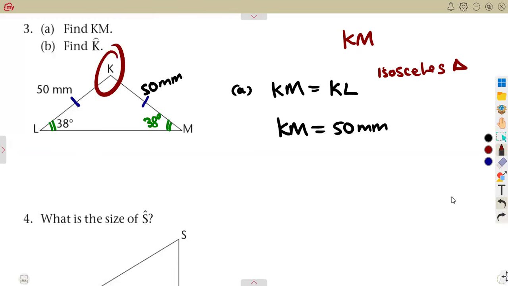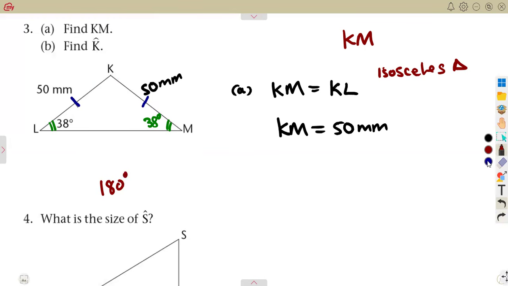So to find angle K, it's now easier because we have been given two angles. Just like any other triangle, whether it's isosceles, whether it's a right angle triangle, whatever type of triangle you are talking about, the angles will never change. All of them will add up to 180 degrees.